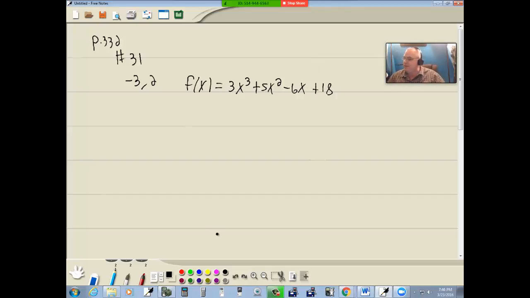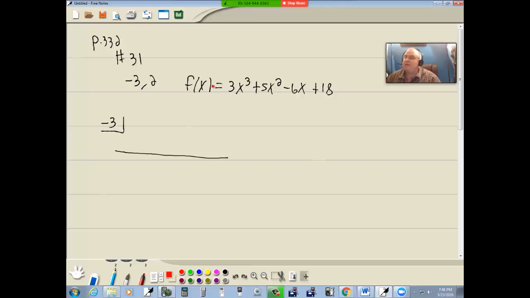Now the instructions say using synthetic division determine whether the numbers are the zeros of the polynomial function. Well, what that says is we're going to plug our first potential answer, negative 3, into synthetic division.